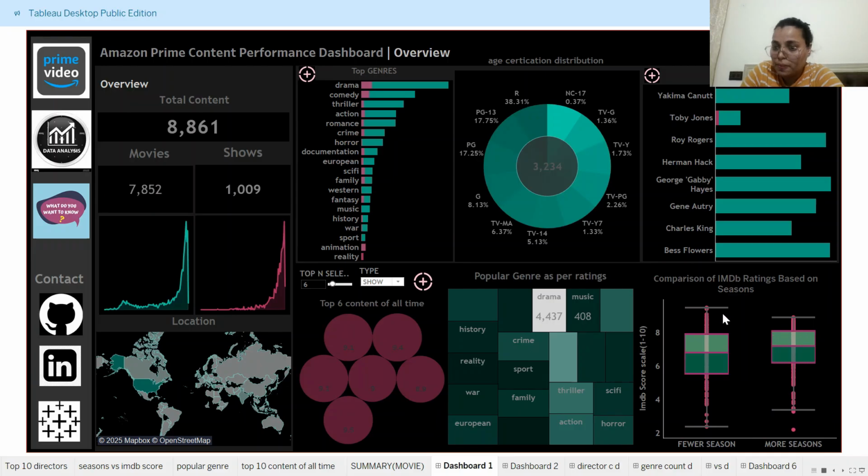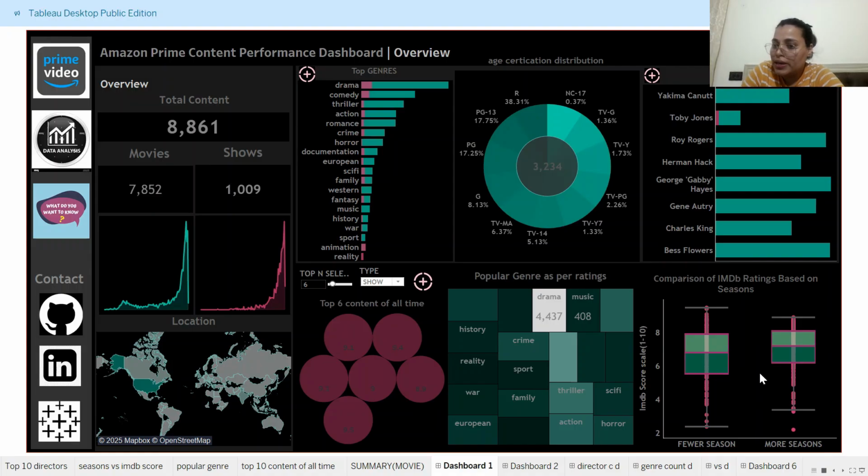Also, we can see the variance of the IMDb score here, right? So the deviation is more in comparison to the more-seasons deviation. So what insight can we have?